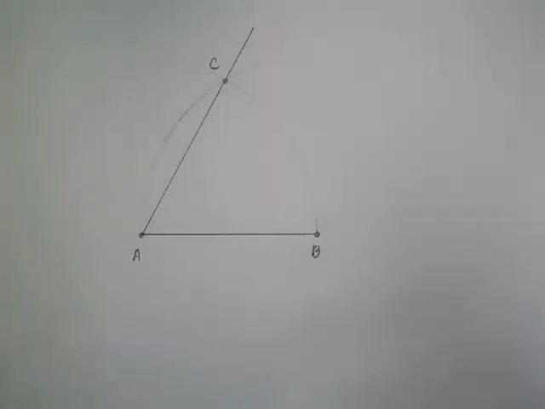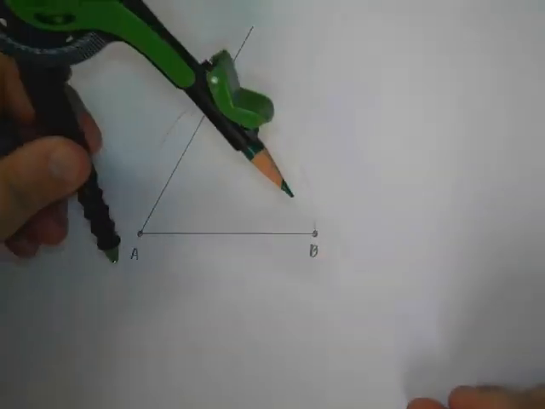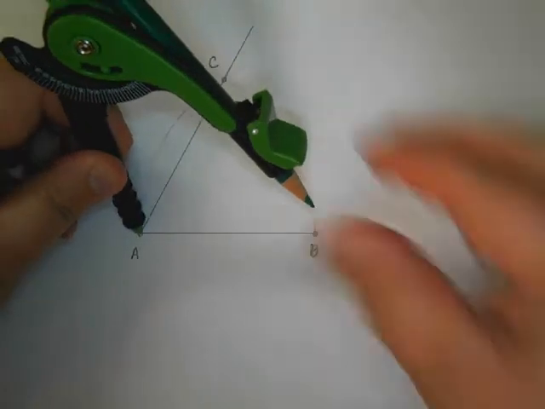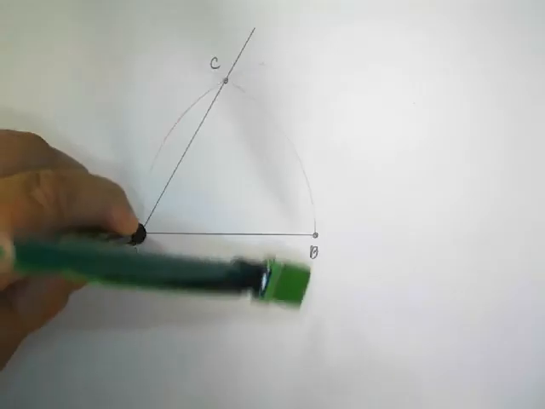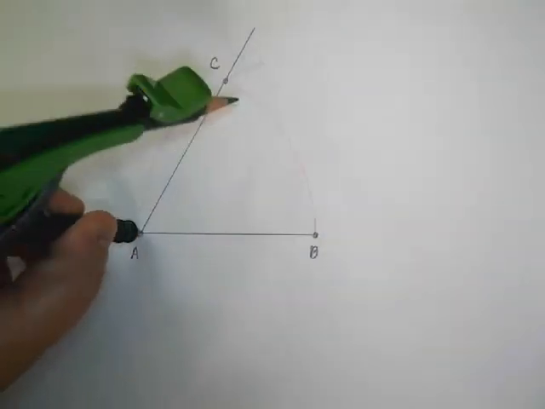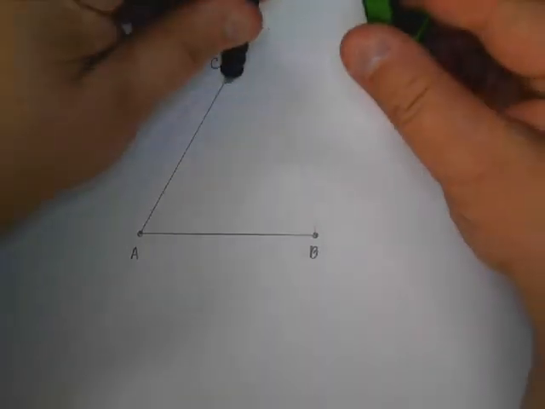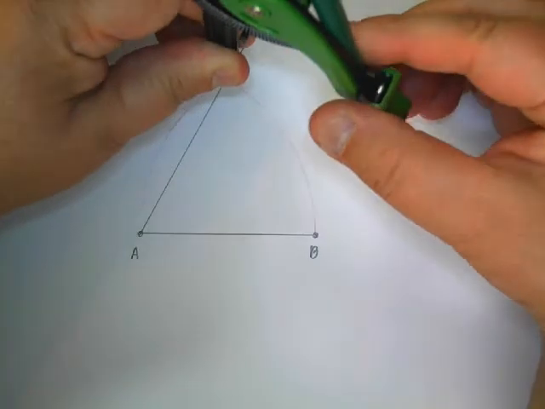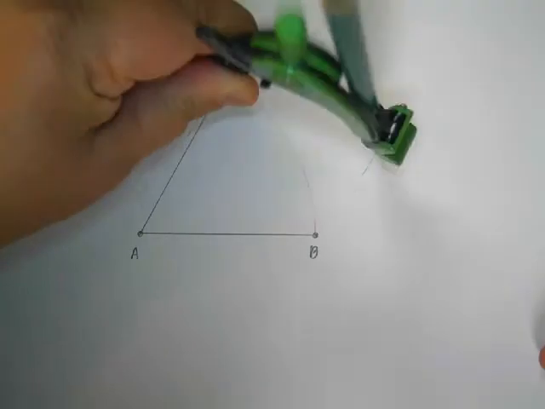Now the first step in an angle bisector construction is to place the point of the compass at A and draw an arc that intersects both sides or rays of the angle that we want to bisect. And we already have that arc drawn in from our previous construction. So we can move to the second part where we place the compass on C and draw an arc across the interior of the angle.